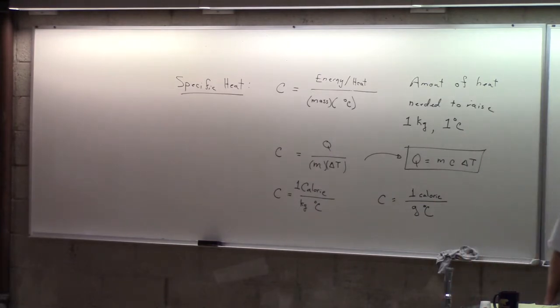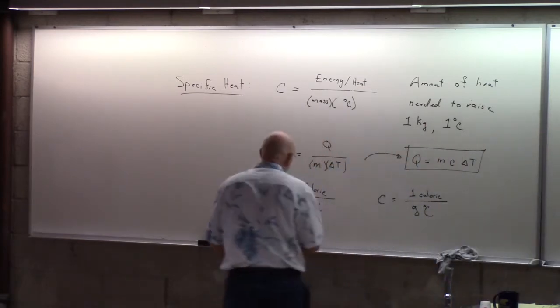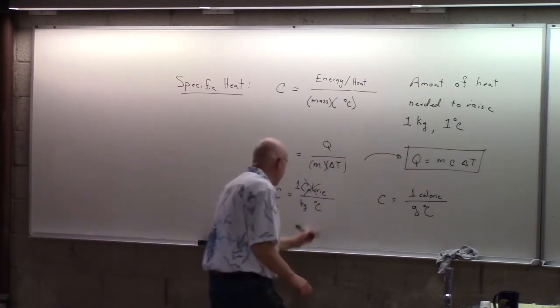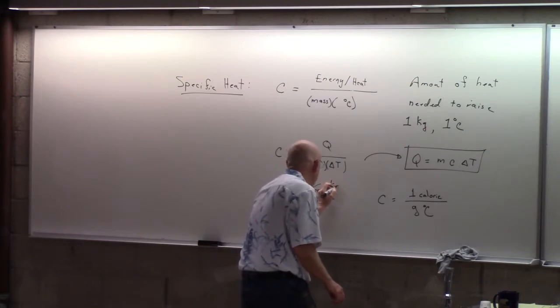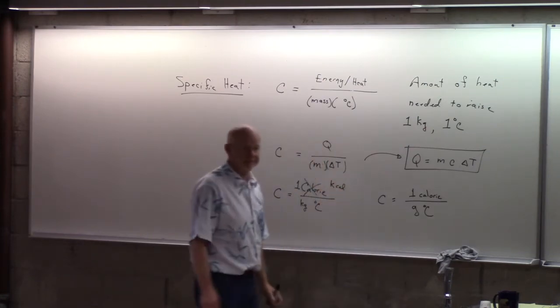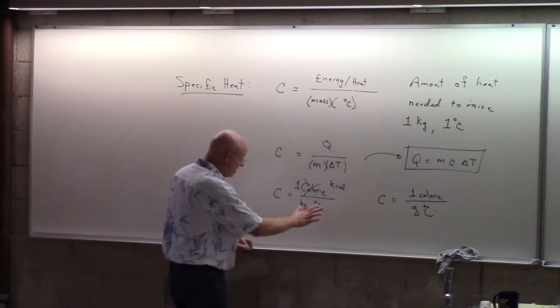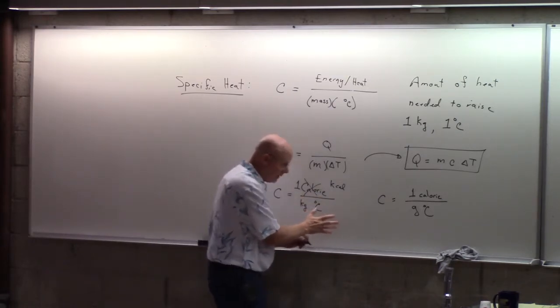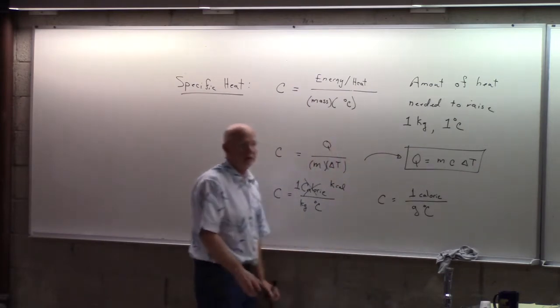And I have to admit, that's kind of obnoxious, having a capital C and a lowercase c. So from a science perspective, we get away from the capital Calorie and replace it with a kilocalorie, because you can see that this must be 1,000 times bigger, as we're talking about 1 kilogram versus 1 gram.